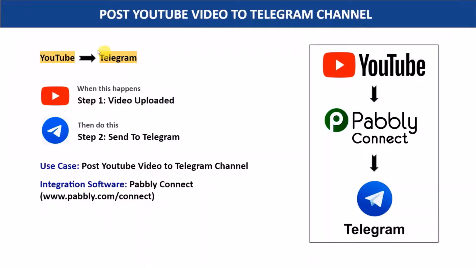Hey everyone! Today here in this video we are going to learn how to post YouTube video to Telegram channel automatically. Suppose I have uploaded an informative video on my YouTube channel and I want it to get posted on Telegram channel too. But the issue here is there is no direct connection between YouTube and Telegram.